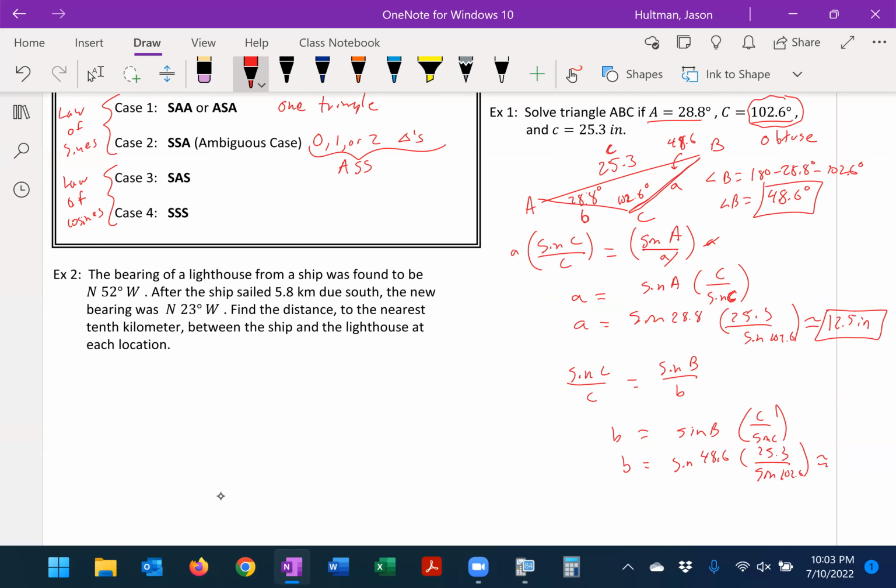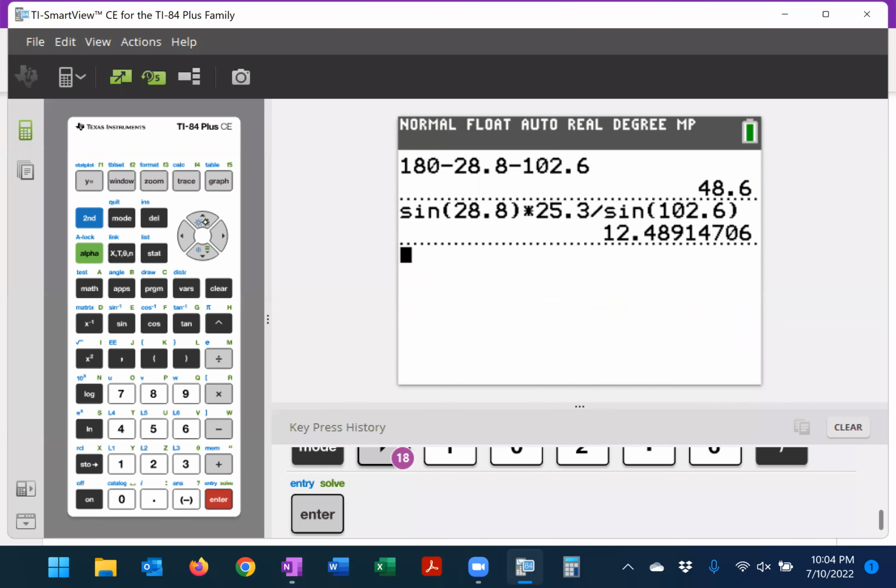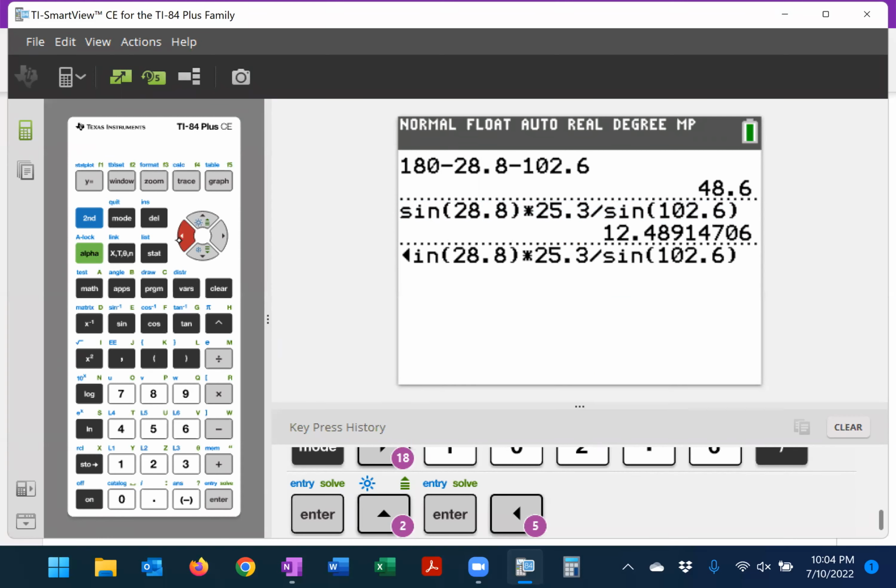And so B is going to be approximately, going to do the calculator, I can actually just grab that and change it from 28.8 to 48.6.